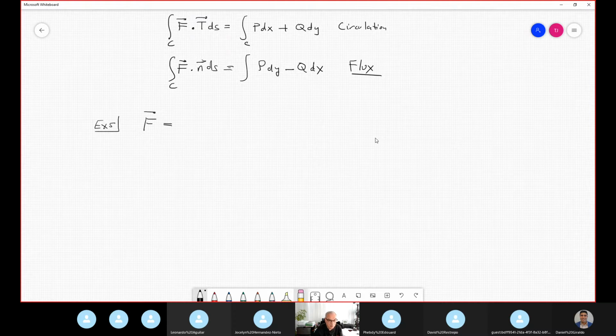Suppose the vector field is x comma y, the radial one, and I compute the vector integral flux over the classical curve, the unit circle. Remember, our vector field is radial, it's totally like that.